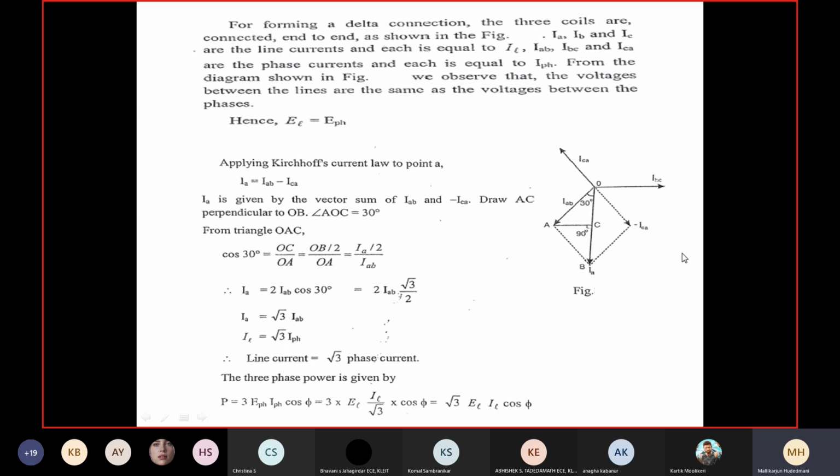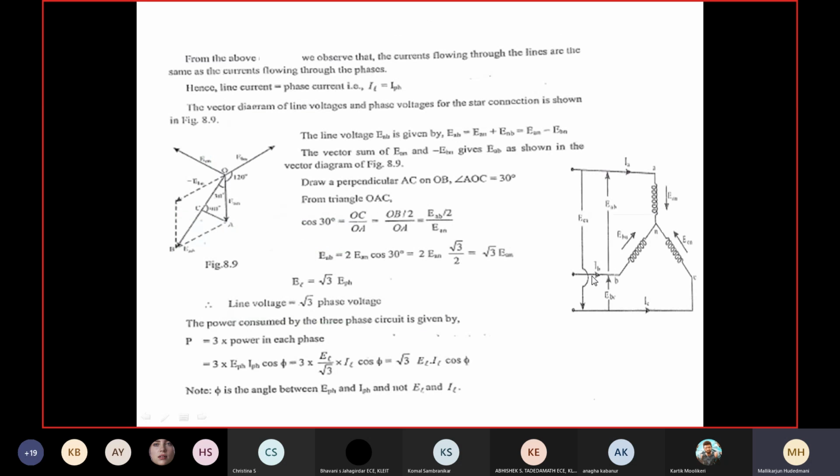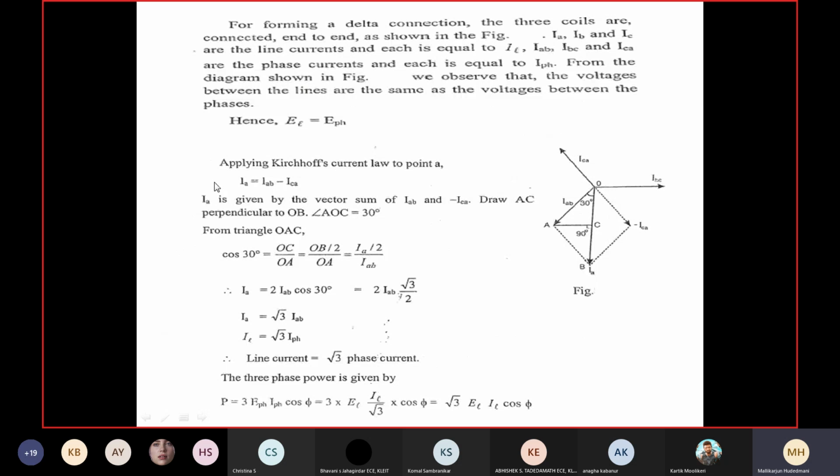So construct this parallelogram of forces like concept. Then get the resultant as IA. It is same whatever we have done here in terms of EAN, EBN, ECN. What we used as voltage there, I am using currents here. IAB, IBC, ICA are the three currents I am using here. Then I will be taking a resultant of AB and reversed vector ICA. That led me IA. You can see here.